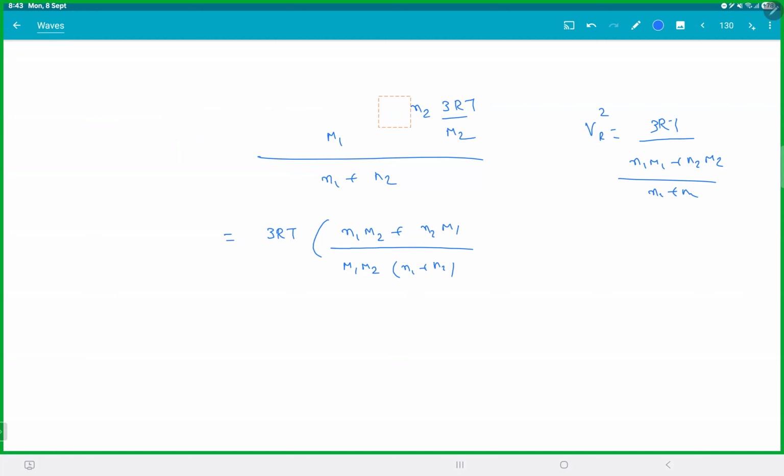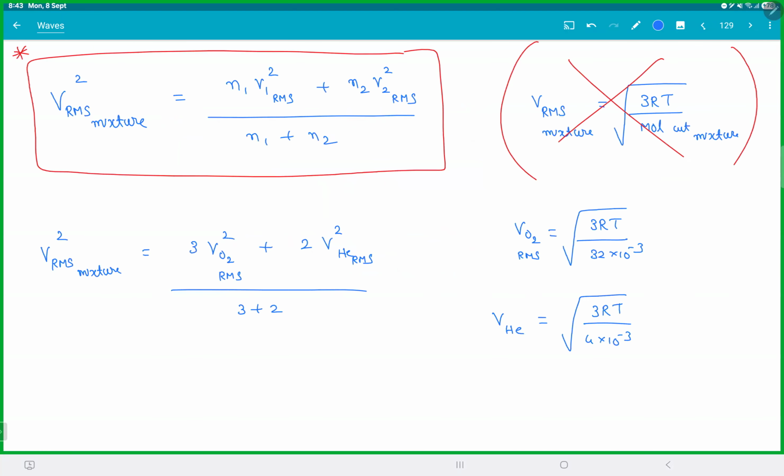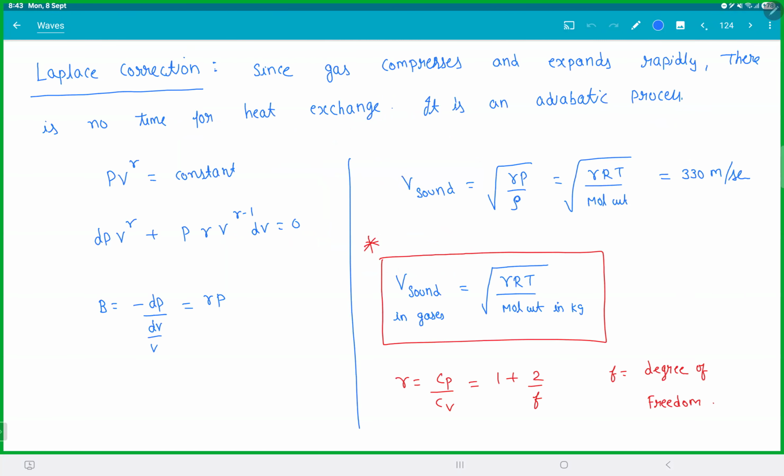For sound, you can use it. Because if you go back to the derivation of speed of sound, how did we derive it? We said P V to the gamma. Now gamma is for a mixture, and that same gamma went on replicating. And when you used PV equal to nRT, that n is the total number of moles. Clear with us?